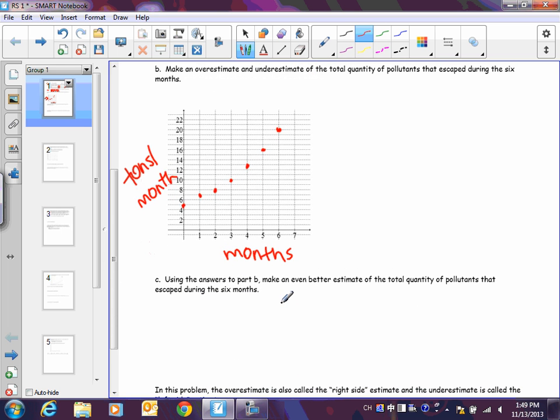All right, now what we want to do is, if we were to connect these in a curve, find the area under the curve. Now, have you ever been asked to find the area under the curve? Yeah. Most of you would say you've seen it many times. You all should have seen it at least once, because I've asked you to do this before on one of the after parties.